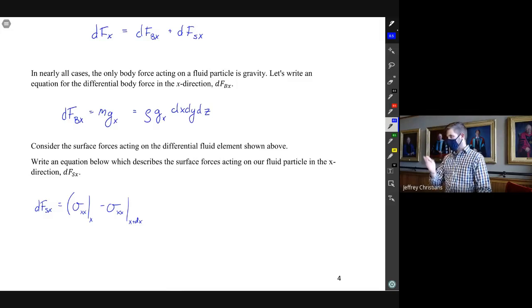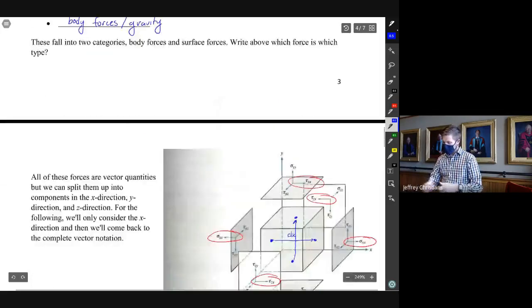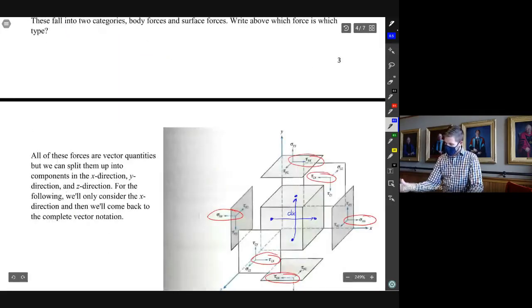Okay, at x and at x plus dx on the other side. That's the stress. To convert from stress to a force, a force is a stress multiplied by an area. So again, let's look back up. So we're looking at sigma.